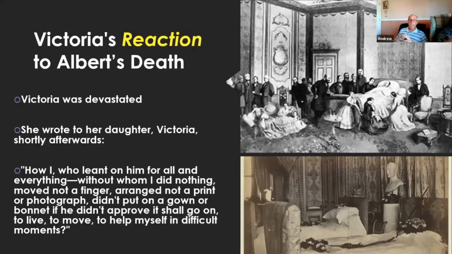And for the remainder of her life, Victoria had the room preserved as a mausoleum. The room where Albert died, every single day, fresh clothes were brought out, fresh hot water, shaving materials, everything that Albert would have needed to start a new day was put out every single day for the remainder of her life.